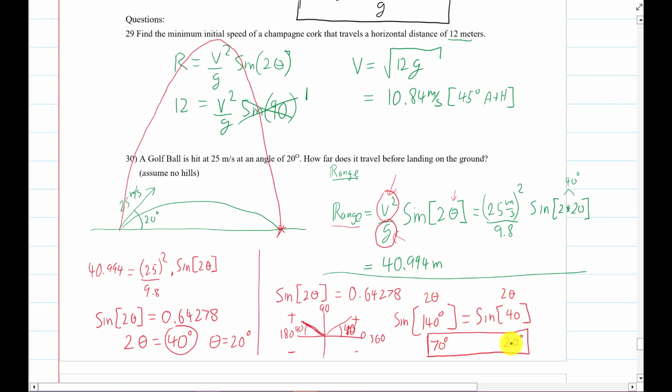These two have to add up to 90. So part B could have been really easy if we understood that. And I said, what other angle does it land at the same spot? You would have just gone 90 minus the 20-degree angle and got 70. But I just went through the whole mathematical proof of that.